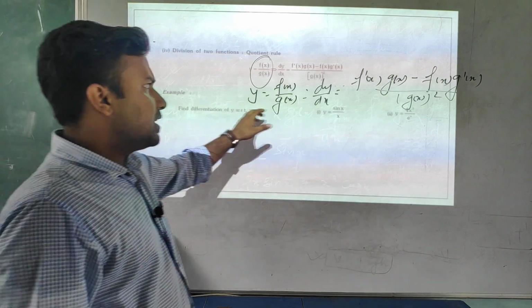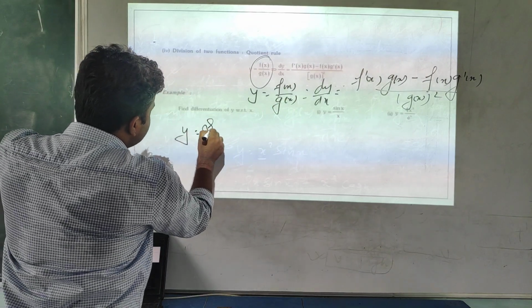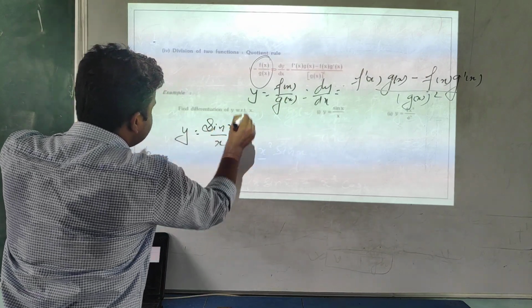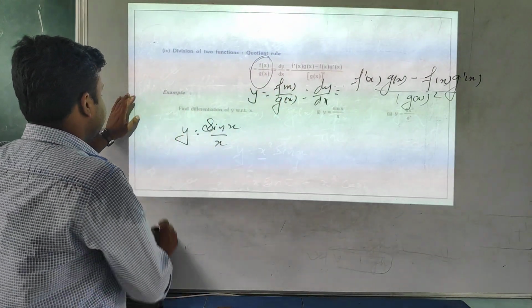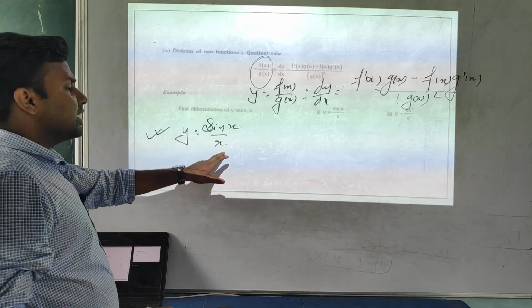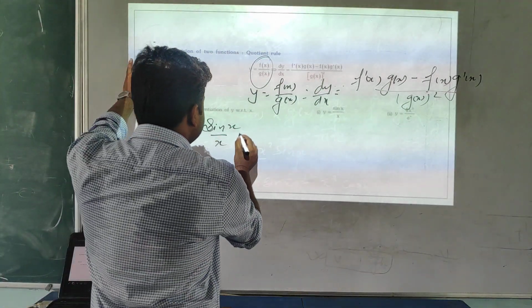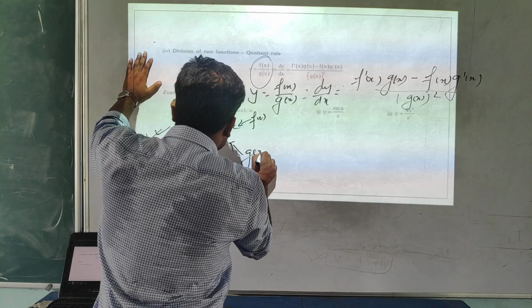Okay, now using that formula we are going to solve this. We have a function y equal to sin x divided by x. Here sin x is the f of x and x is the g of x.